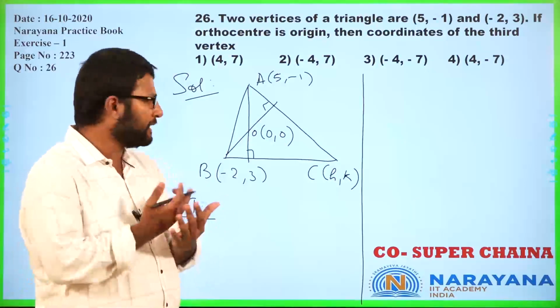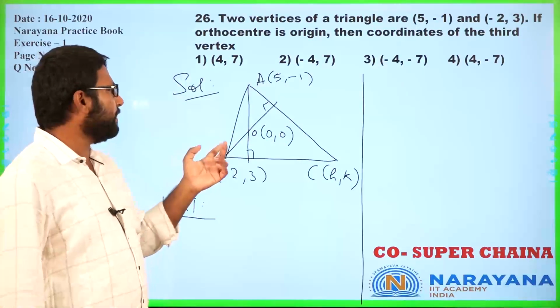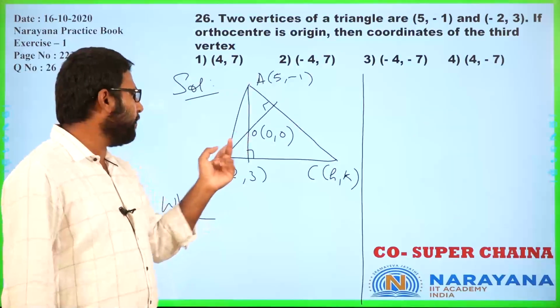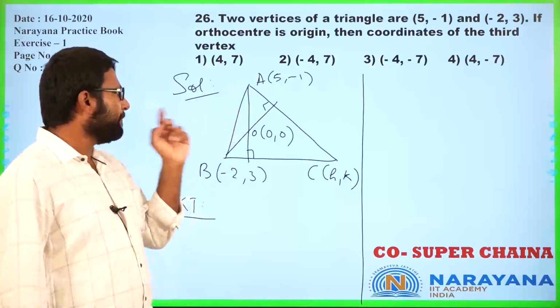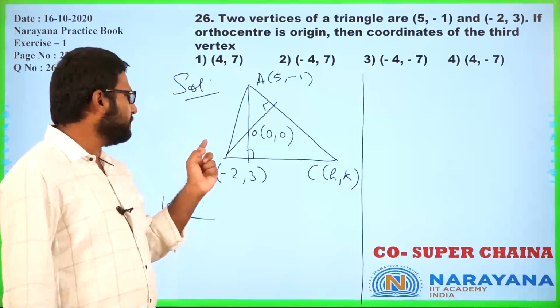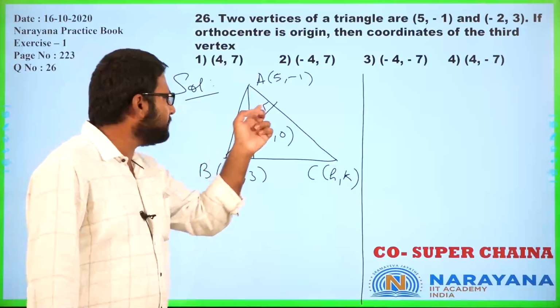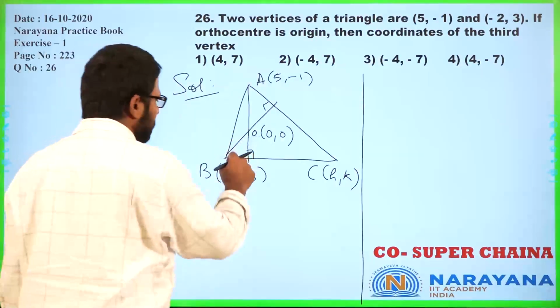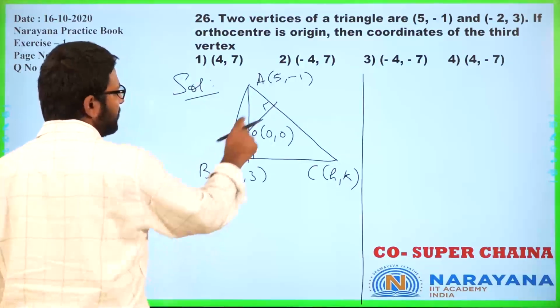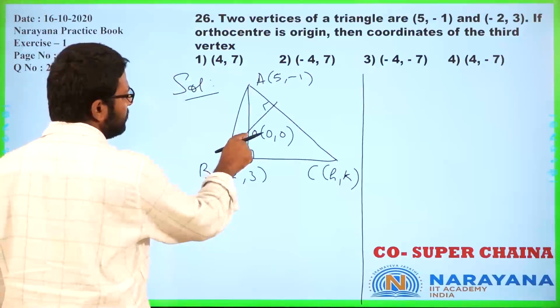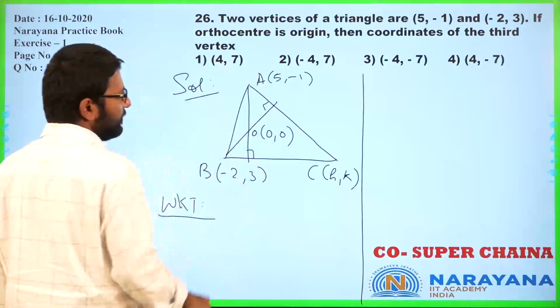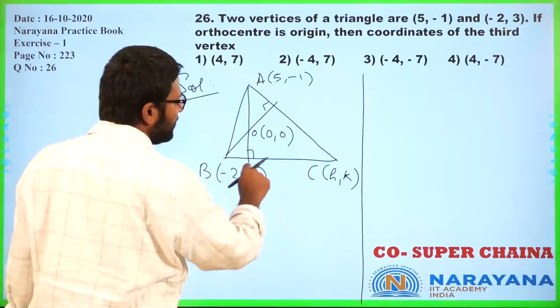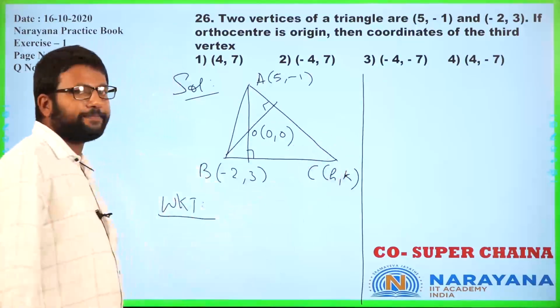Once again, how did that come about? Because for the triangle AOB, AO is one altitude, BO is another altitude, and the third altitude will pass through O itself, and they will all end up meeting at C.